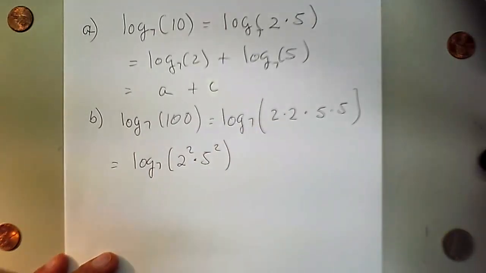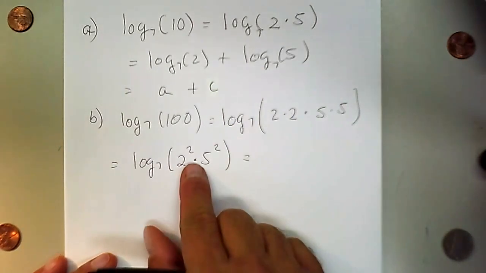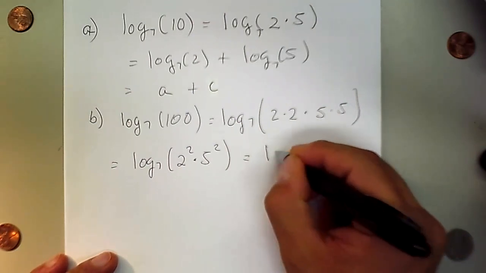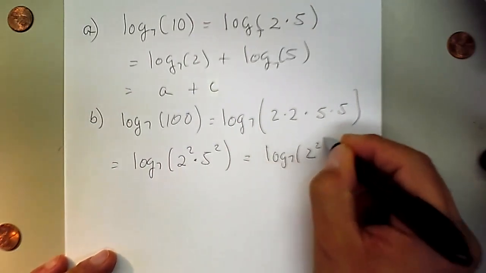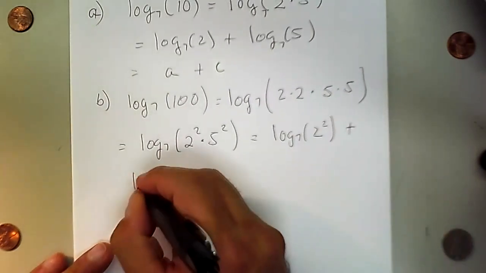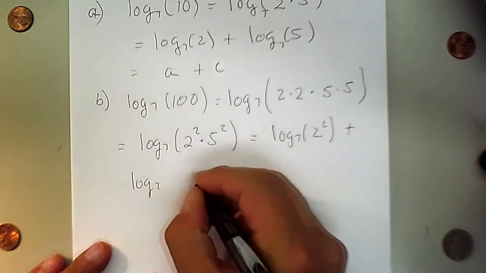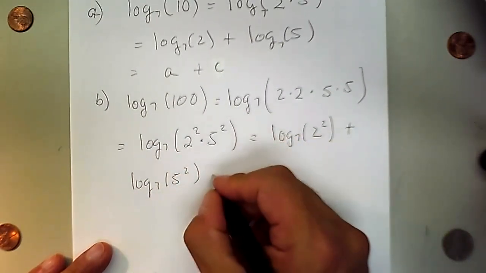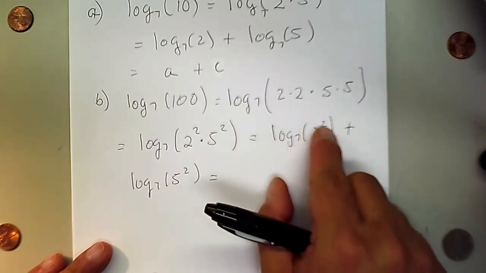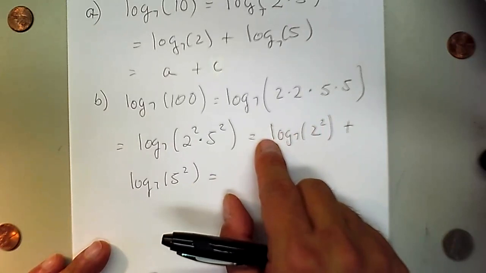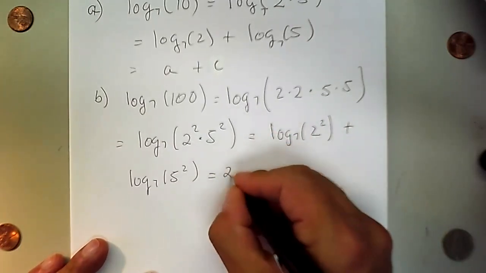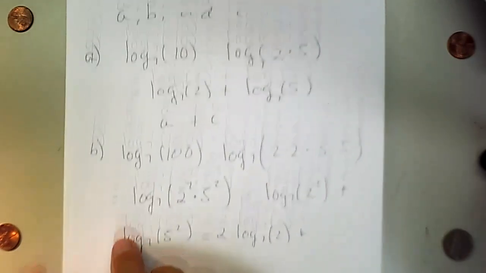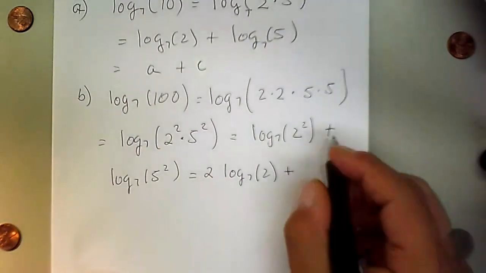There we go. So now we can apply property number 1. And there's a few different ways to go about getting this: logarithm base 7 of 2 squared plus, I ran out of room here, so logarithm base 7 of 5 squared. Okay, so those two together equal, now the 2 moves to the front as a coefficient, so 2 times logarithm base 7 of 2, plus, likewise, the 2 moves using property 3 of exponents.